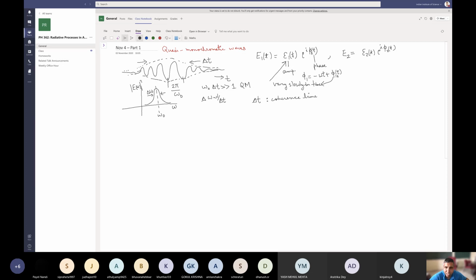Over this coherence time, the phase difference can vary significantly. So if you interfere waves after this time, they are no longer coherent, so intensity adds instead of amplitudes, right?